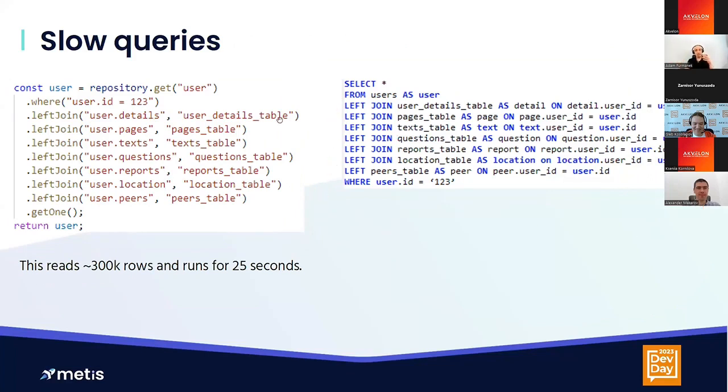And this resulted, just for one aggregate root, in getting around 300,000 rows. Ultimately, those 300,000 rows were returned to the ORM and then processed by the application code in something like 25 seconds. Why is that the issue?